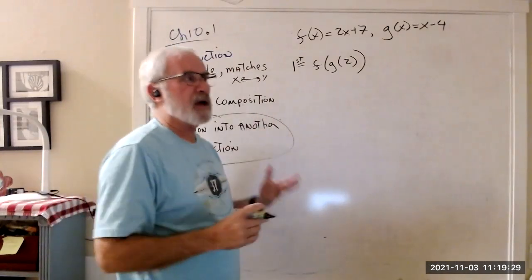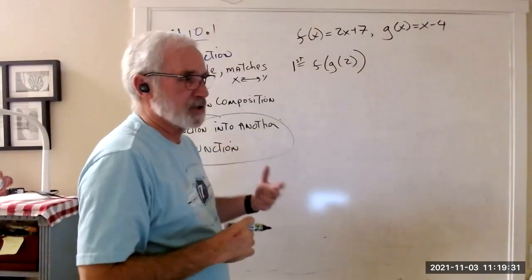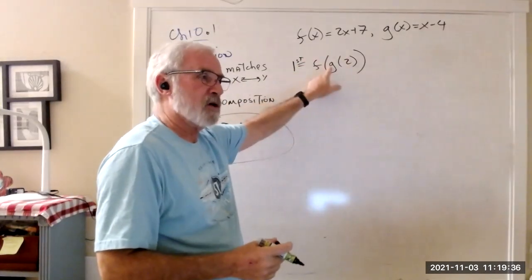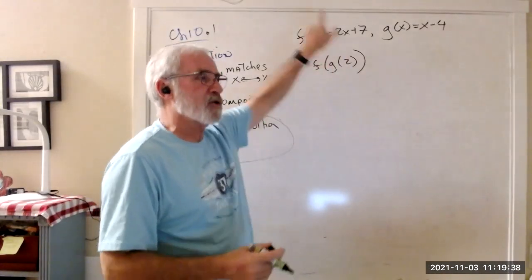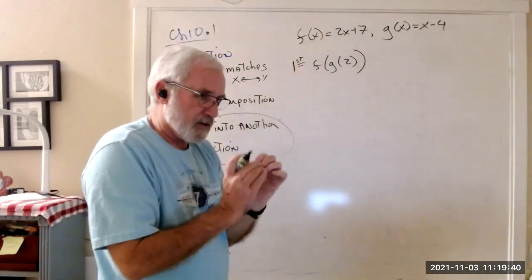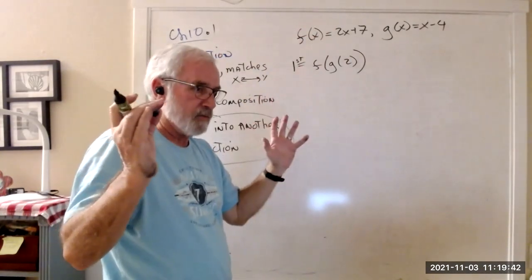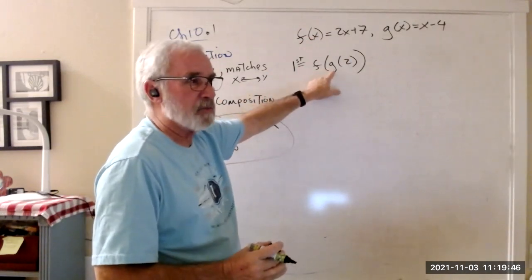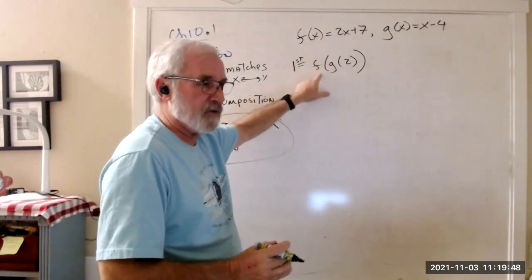This is an example of function composition. We're going to put 2 into the g function, and we're going to put that answer into the f function. We always start on the inside and work out. Here, the g function is going to be put inside the f function.